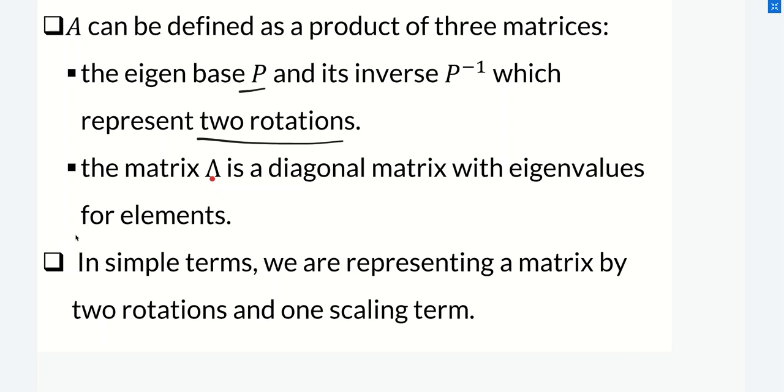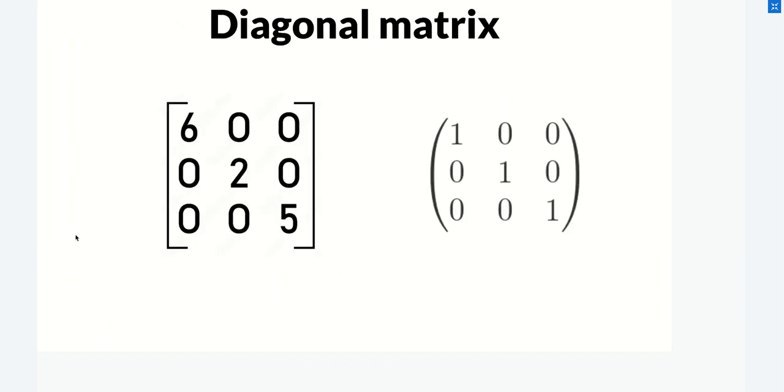The diagonal matrix is the one that stretches, while P, which is from the columns of the eigenvectors, and its inverse cause rotation. The diagonal matrix causes stretching, or scaling, of the vector. So in simple terms, you are representing a matrix by two rotations and one scaling term.